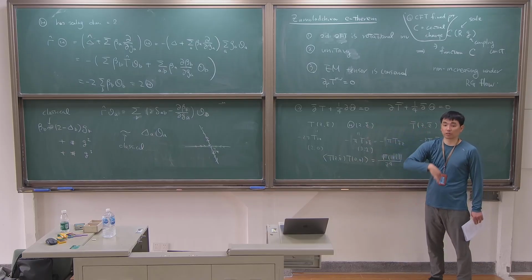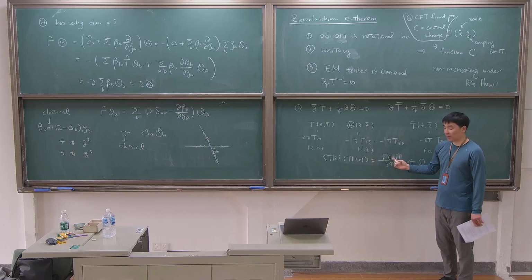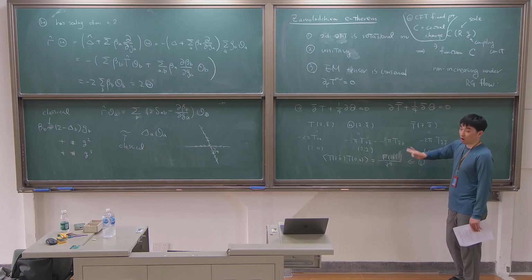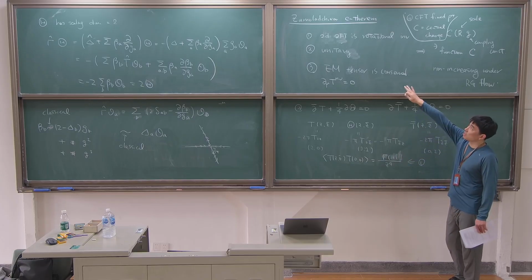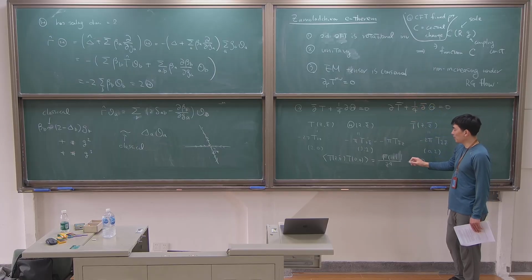Because we assume rotational invariance, and this is dimensionless because, I mean, this QFT is not conformal. I don't assume any conformal invariance. Therefore, it can have any dimensional coupling constant, like a mass or whatever.